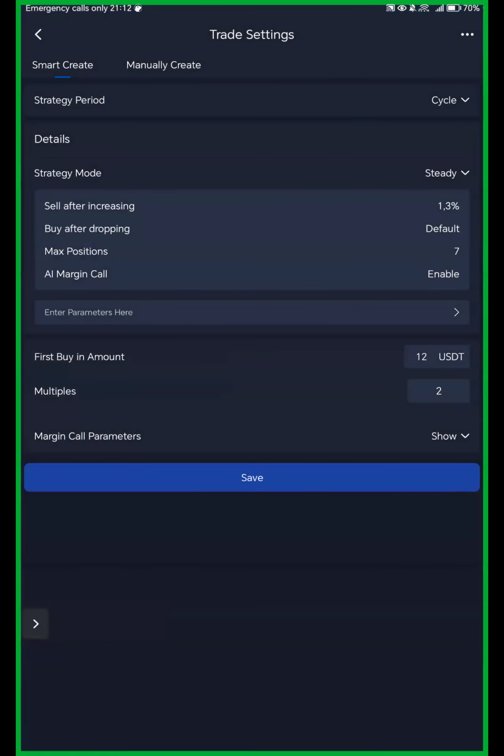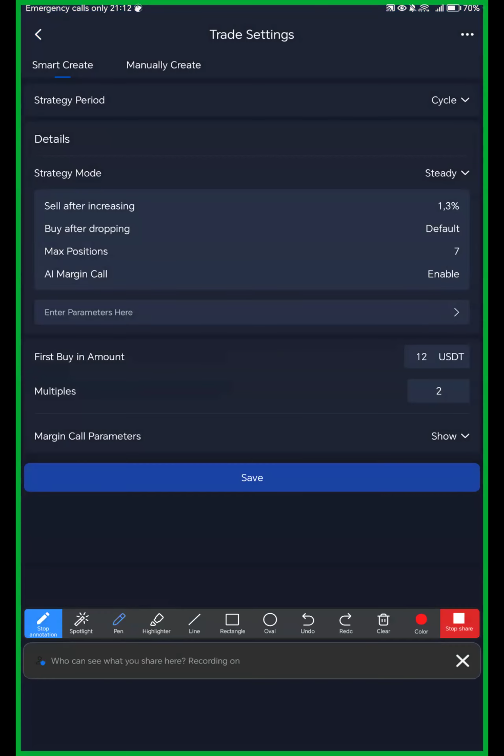So when you tap on trade setting, if you are trading the coin for the first time, it is going to give you this page, the Smart Create page, the one that you are looking at right now. This is the Smart Create page because it is under Smart Create. It is the default setting that RoyalQ gives you.